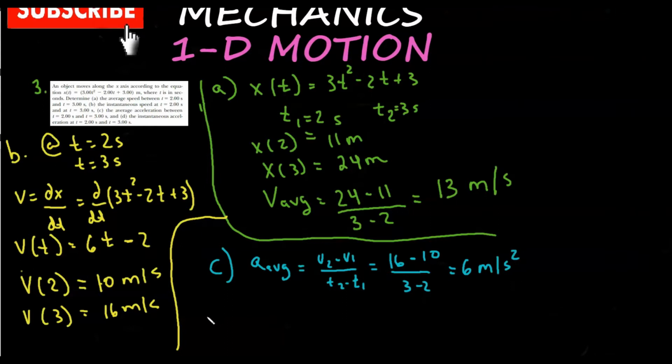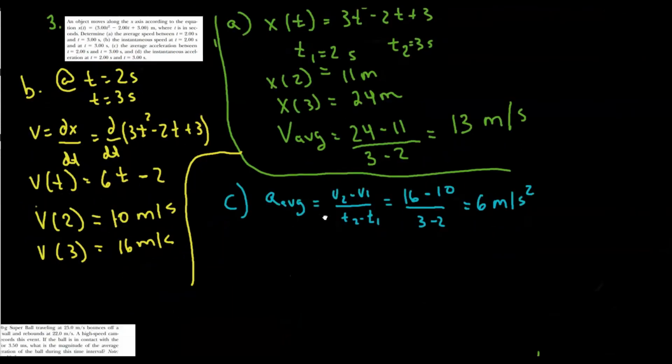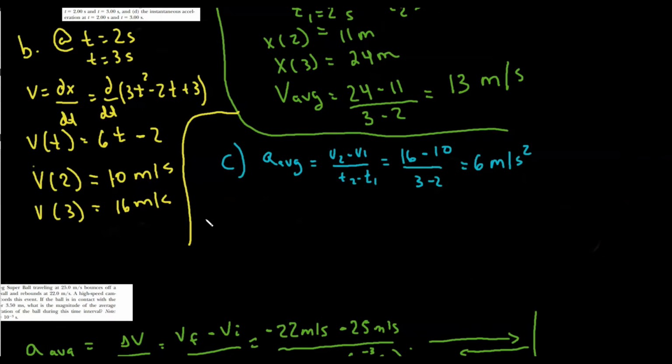And part D asks us to find the instantaneous acceleration at times 2 and 3. So you guessed it, we have to derive for our acceleration equation. So a of t, we know, is equal to dv of t by dt.